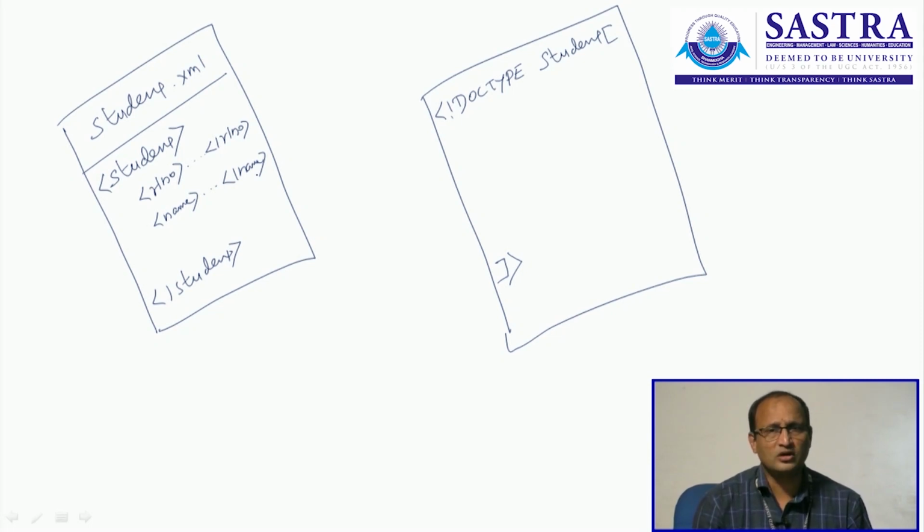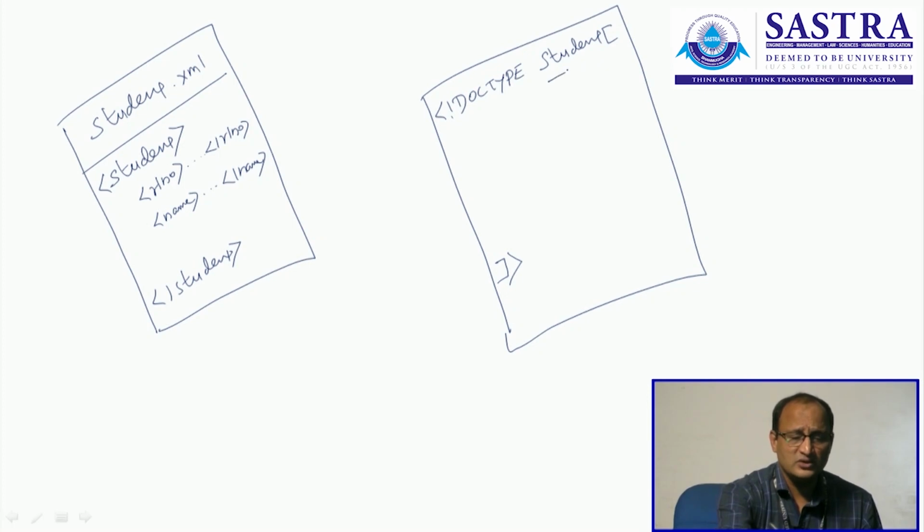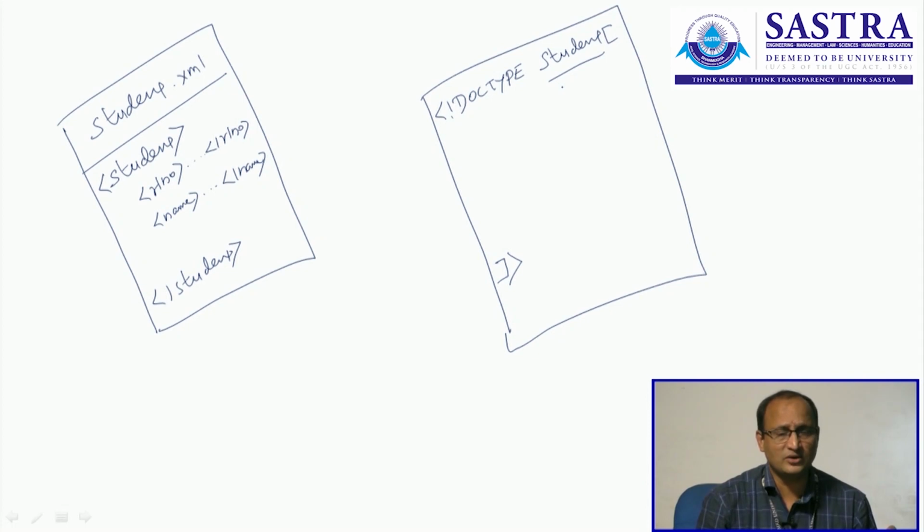So both are correct. I start with student as the root tag, so in my DTD I have given DOCTYPE space student. Student is the root tag in my XML document.